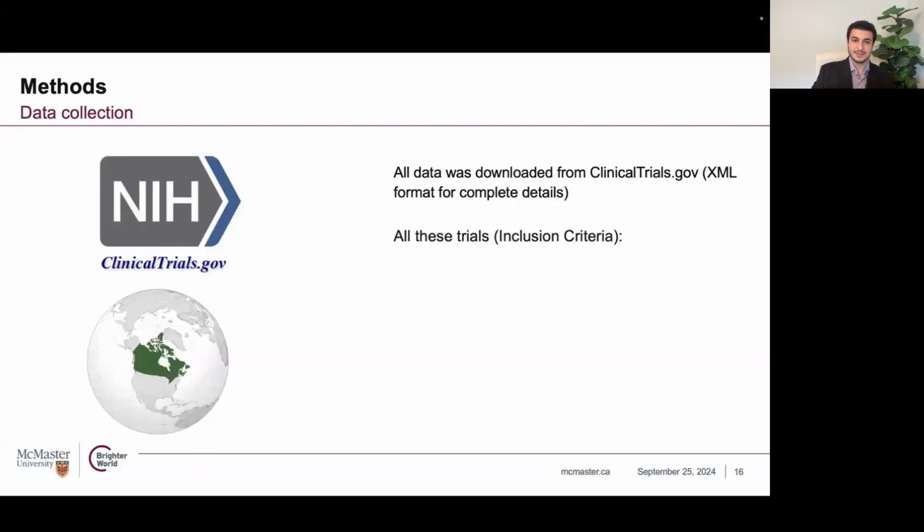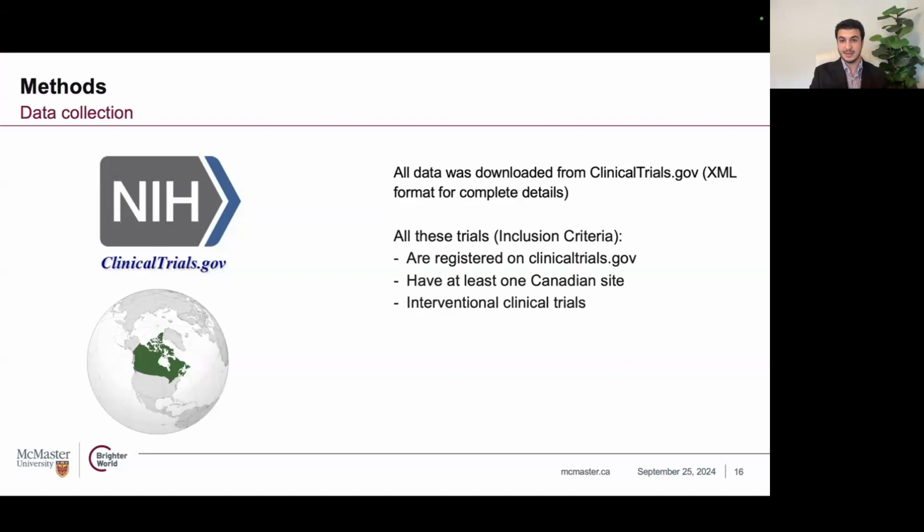Now for our methods, as I mentioned, all our data was downloaded from clinicaltrials.gov in an XML format in order to have all the details possible relating to those clinical trials. And our inclusion criteria was that all trials identified must have been, one, registered on clinicaltrials.gov. They must have had at least one Canadian site where participants were recruited.